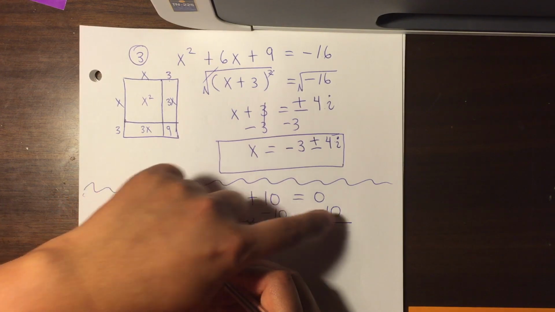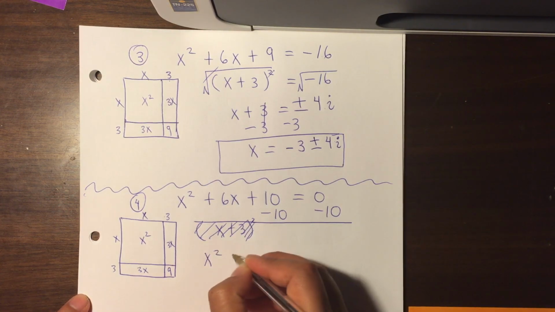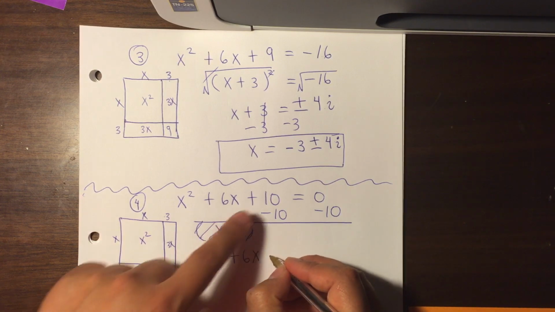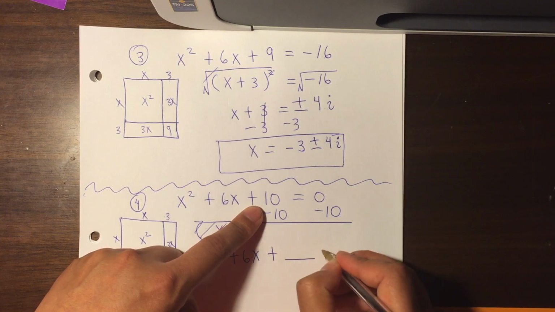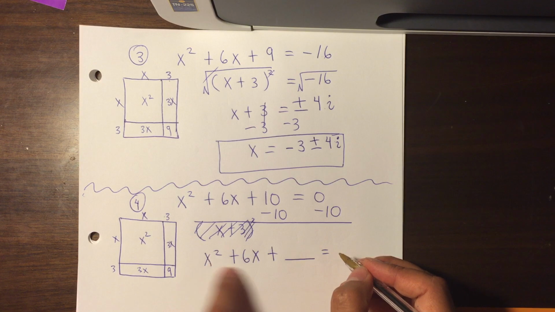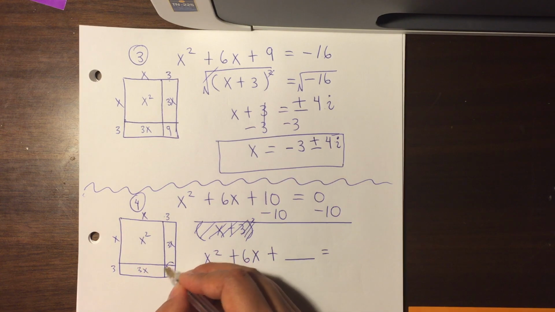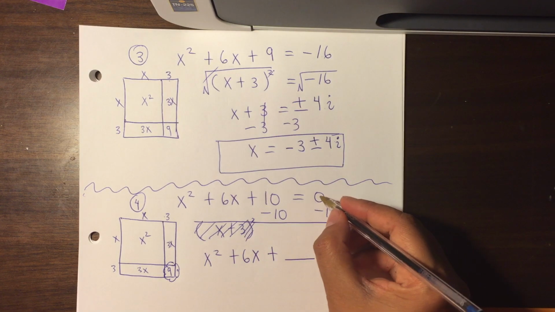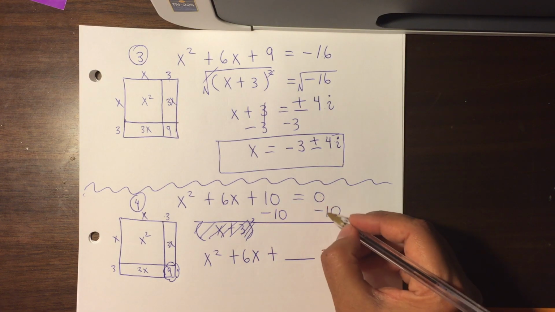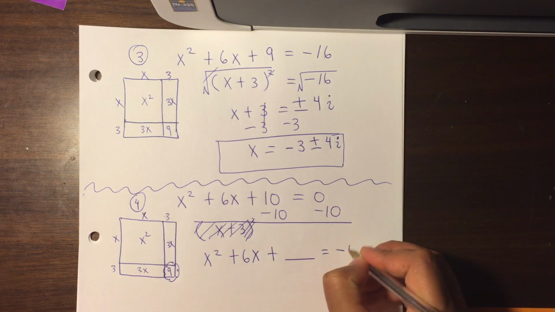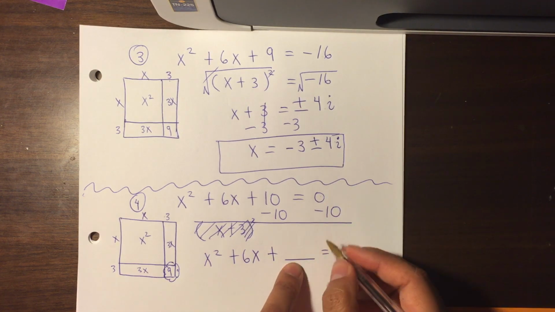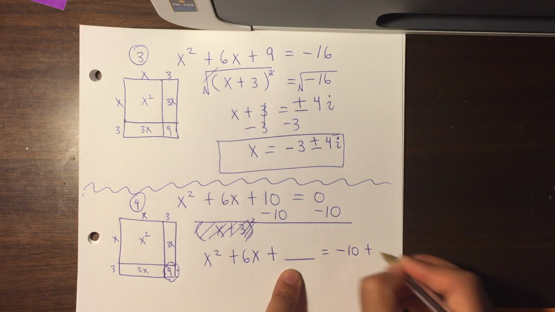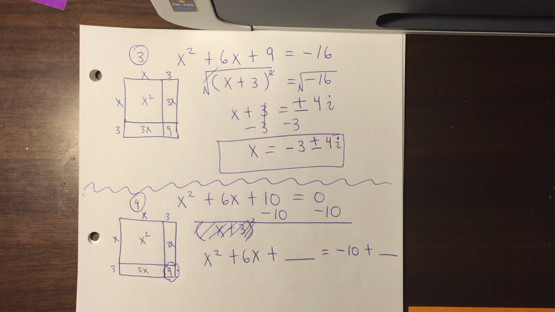So I cancel this, and I'm going to have x squared plus 6x, and I'm going to add something to it so that I can complete that square. And you can tell what I'm missing. And on the other side, since I cancel the 10 to negative 10, it's going to be negative 10. But if I add something in here to complete my square, I'm going to have to add that in here as well.